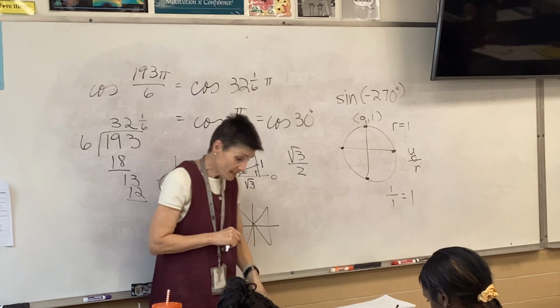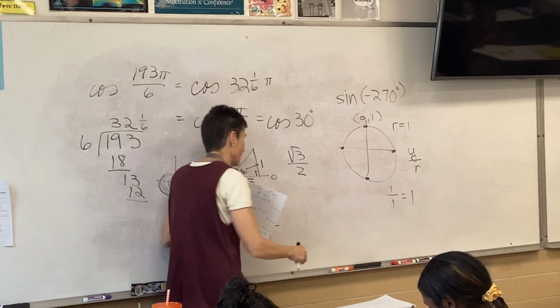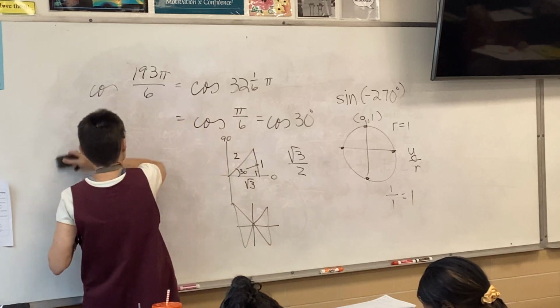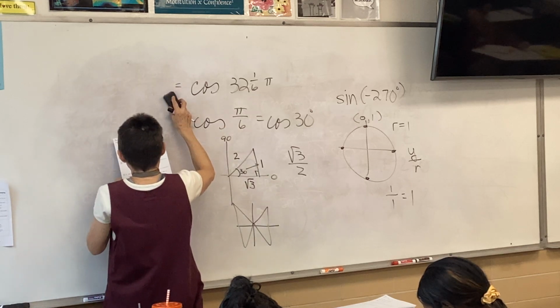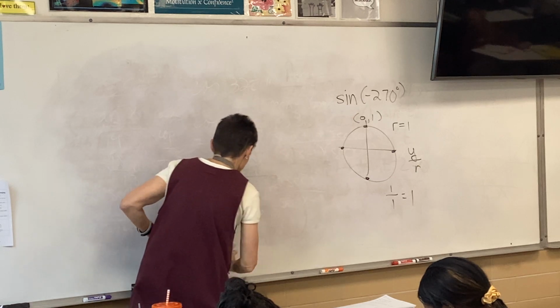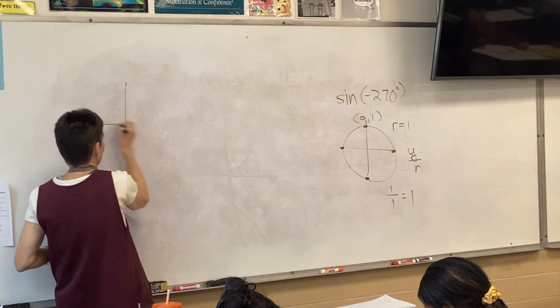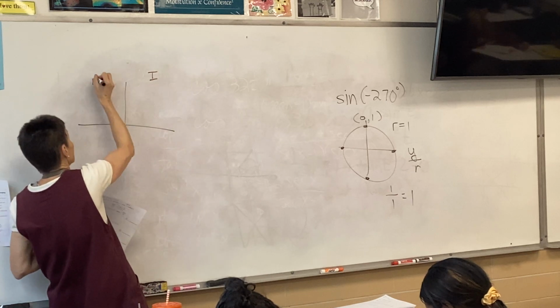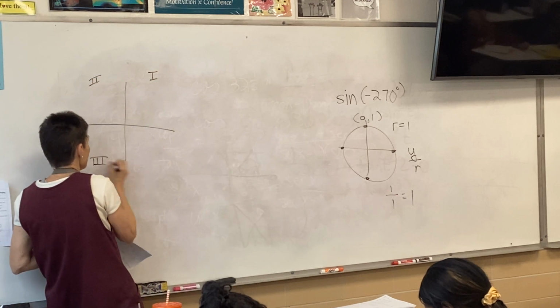All right, next, in which quadrant is tangent negative and cosine positive? So now we're just looking around our quadrants, remembering this is 1, 2, 3, 4.